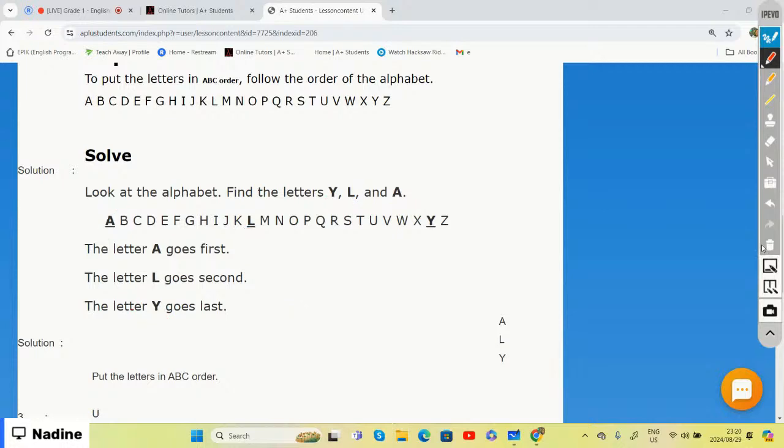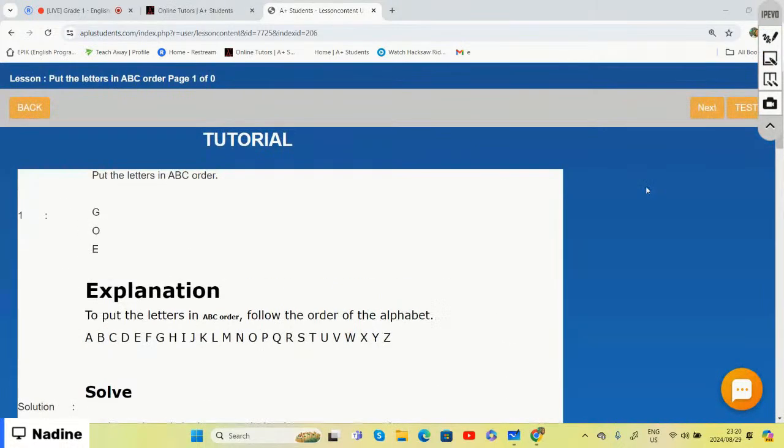All right, so now we're going to put the letters in A, B, C order.